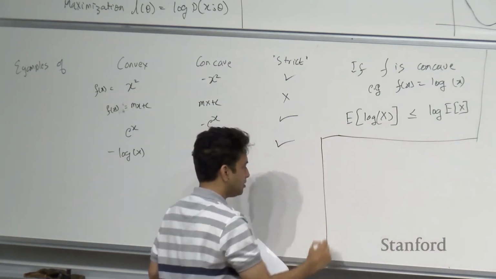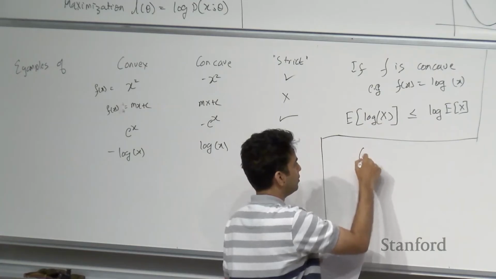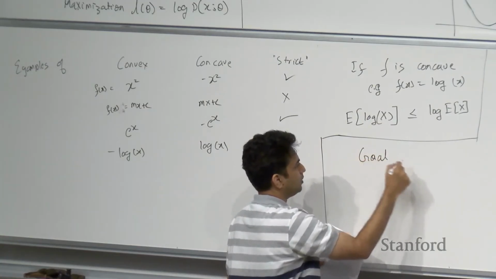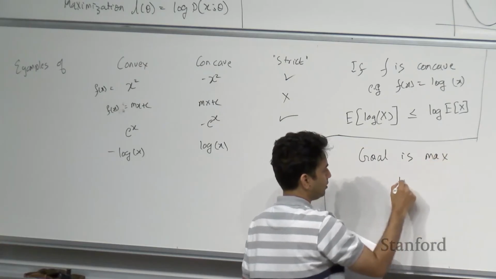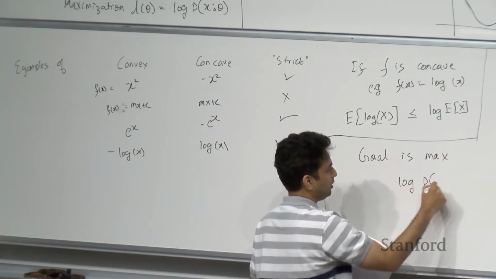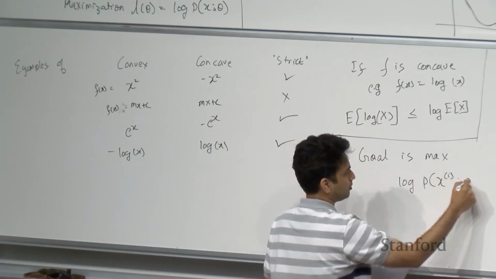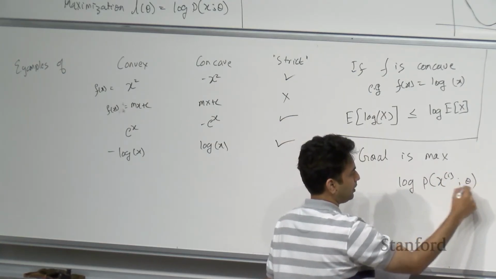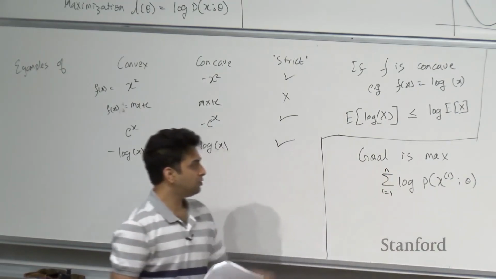So now let's derive the EM algorithm. In the EM algorithm, our goal is to maximize the sum over i equals 1 to n of log p of x_i, theta, whereby theta means all the parameters.